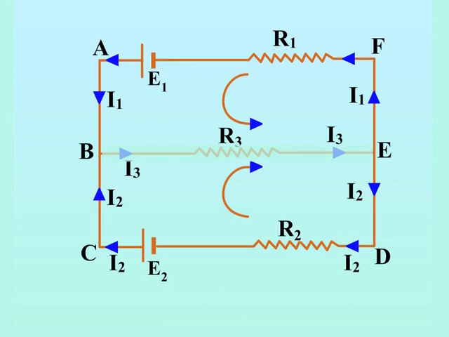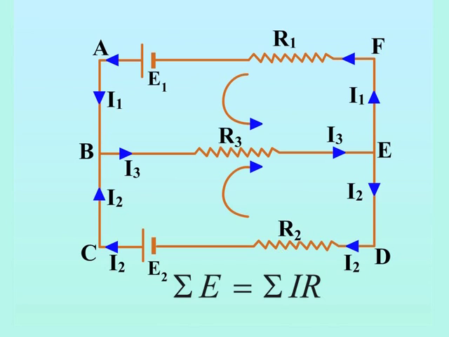Similarly, for closed path ABCDEFA, we have E2 minus I2R2 plus I1R1 minus E1 equal to 0, or E1 minus E2 is equal to I1R1 minus I2R2, or sigma E is equal to sigma IR.